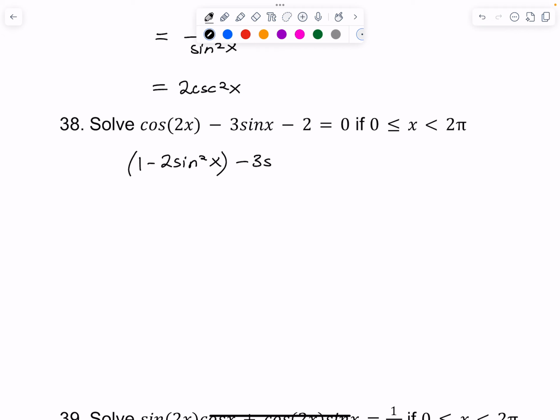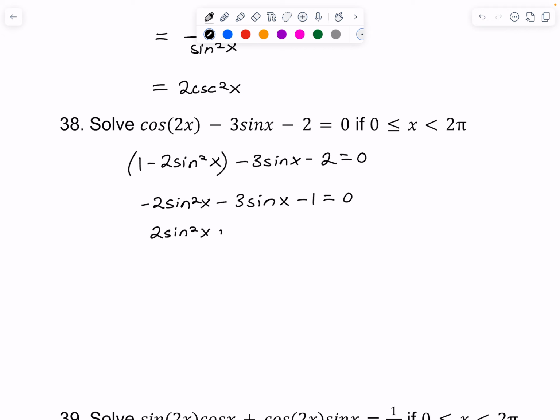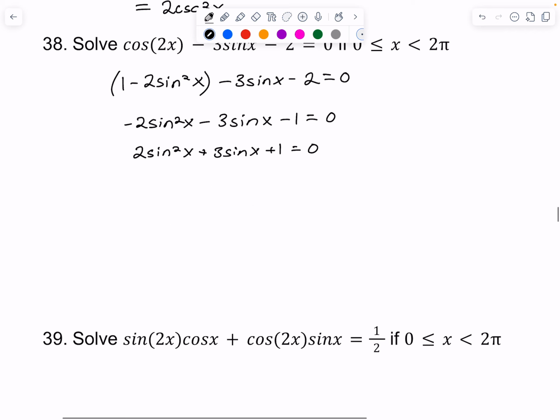And then we've got minus 3 sine x minus 2 equals 0. Then I'm going to combine my like terms, the 1 and the negative 2, and I get negative 2 sine squared x minus 3 sine x minus 1 equals 0. And again, you don't have to do this, but I'm going to divide by a negative just because everything is negative and it would be easier if everything was positive.